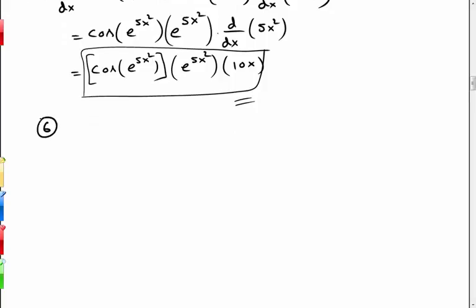Let me make up another one. This is somewhat interesting. How are we supposed to deal with something like, say, d dx of sine cube of x?